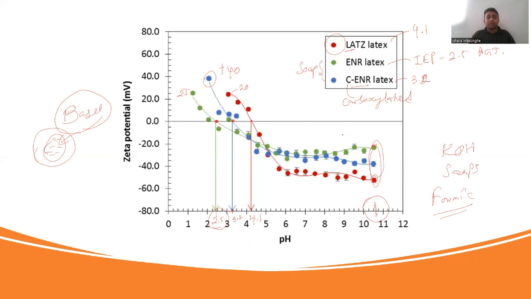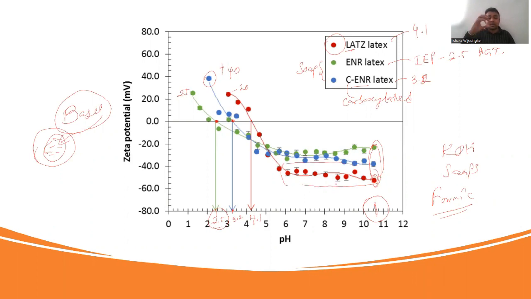So what will happen when I add formic? The pH will drop little by little. When the pH drops, the zeta potential will not change up to this point. It is almost similar.